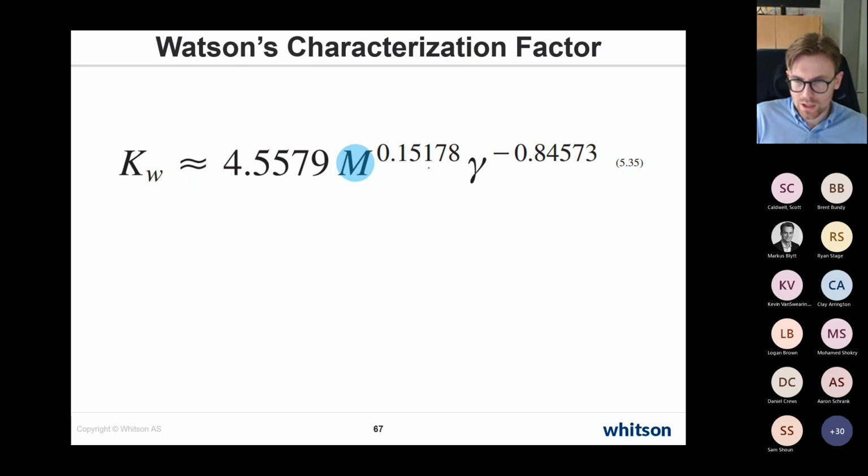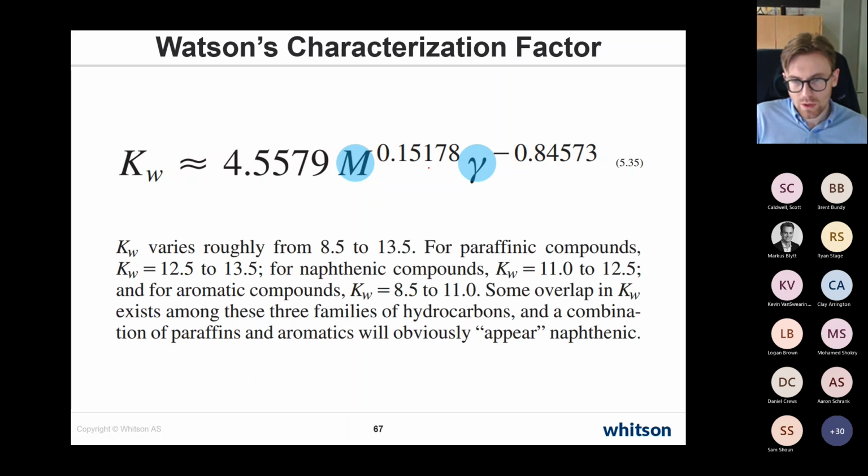You take the molecular weight and the specific gravity of that fluid, you plug it into this formula, and you get a number between 8.5 and 13.5. A paraffinic fluid will be between 12.5 and 13.5, a naphthenic compound will be 11 to 12.5, and an aromatic compound will be 8.5 to 11. So it's a very easy way to group which family of hydrocarbons you're looking at.